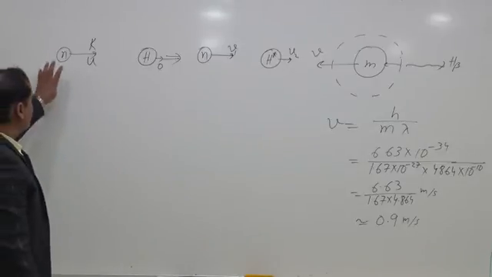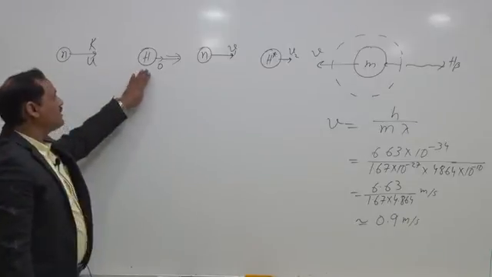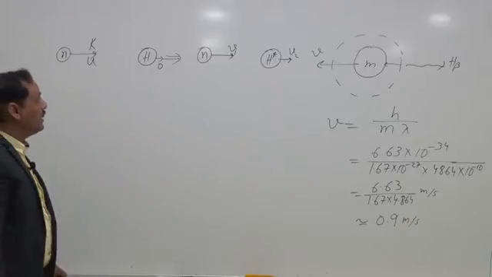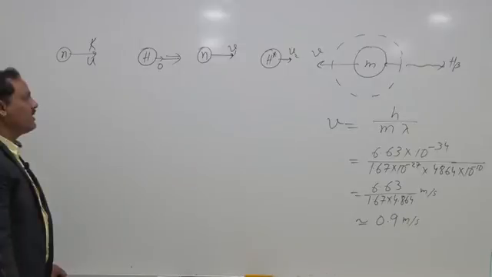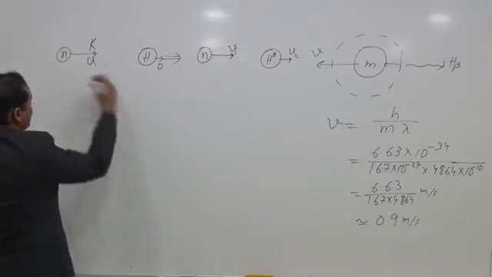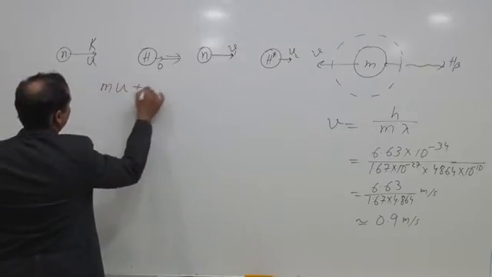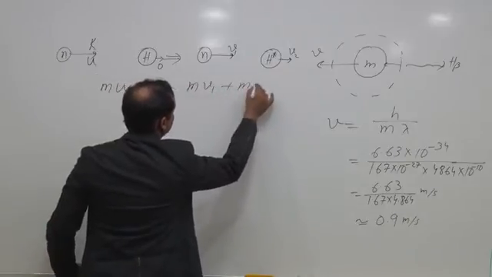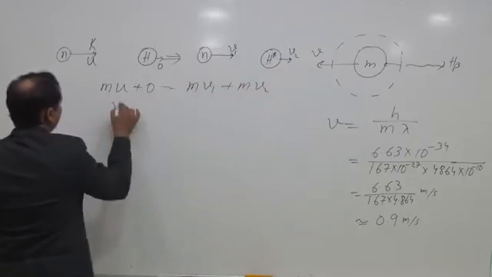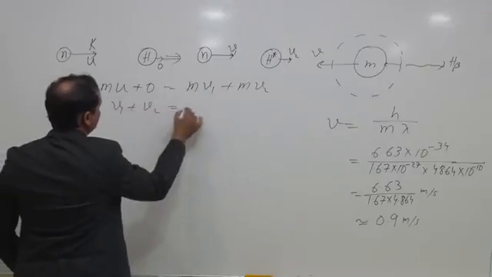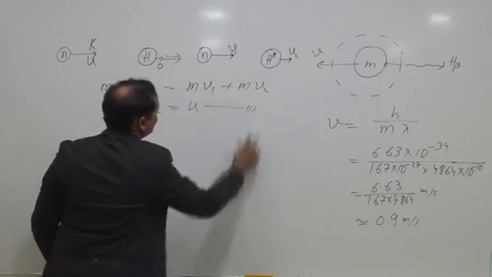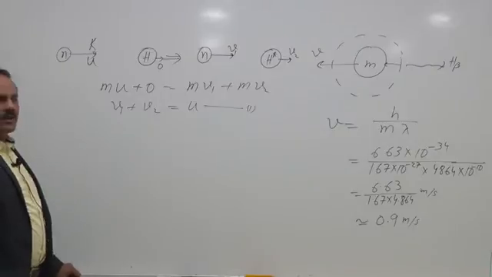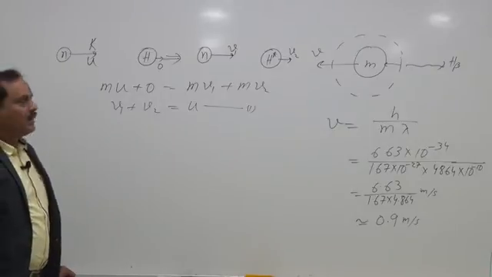We can assume the mass of the neutron and the mass of the hydrogen atom to be equal. So first, from conservation of linear momentum, what can we write? mu plus 0 is equal to mv1 plus mv2, or v1 plus v2 is equal to u. This is the first equation from conservation of linear momentum.